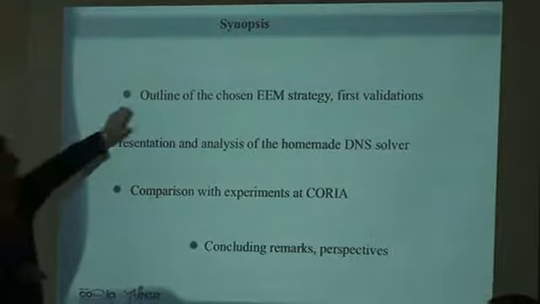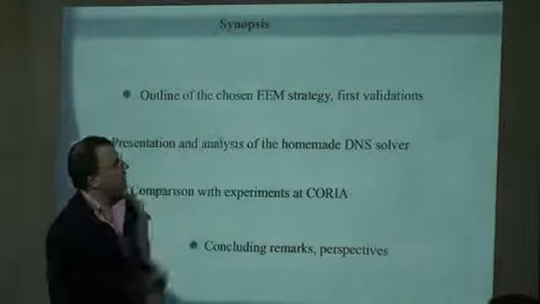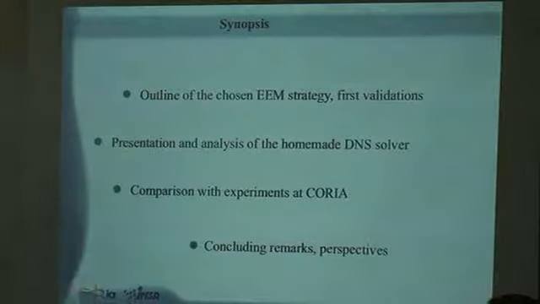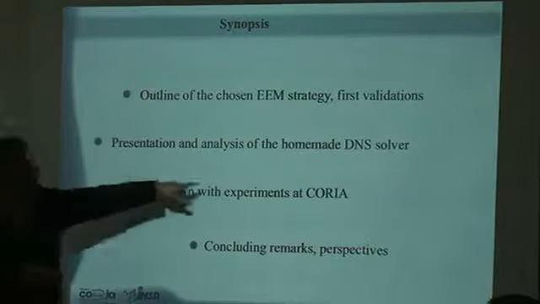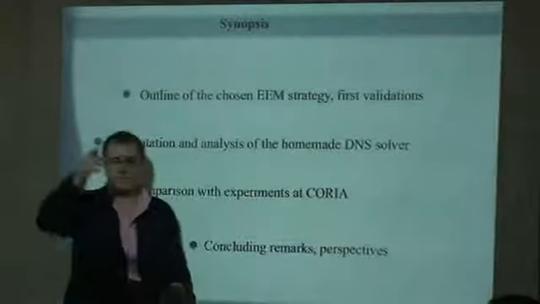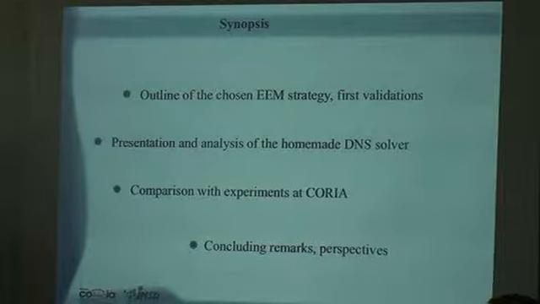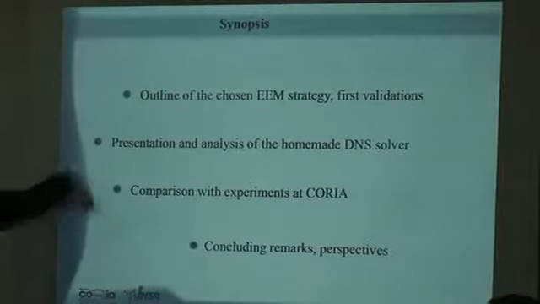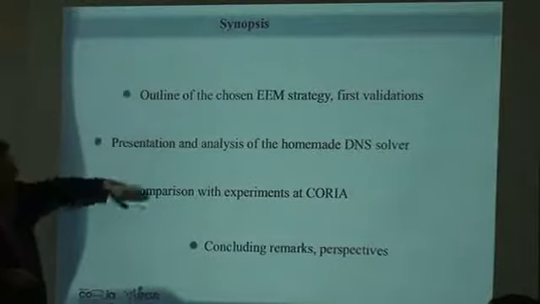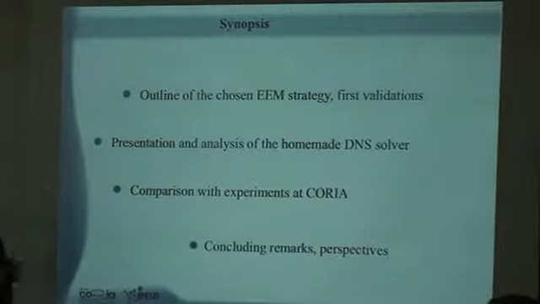I will present the chosen evolution equation model, which is quite classical now. I will briefly present and analyze the DNS solver developed by Eric Alpin. We will try to compare with experiments with the three approaches, the EM, the DNS, and the experiments, and of course some concluding remarks.